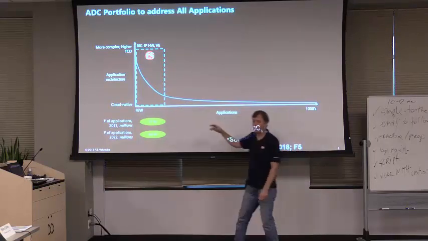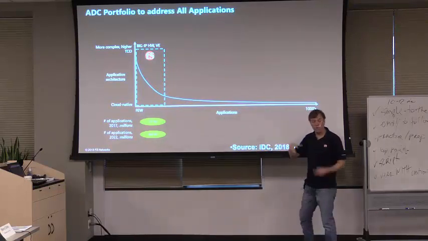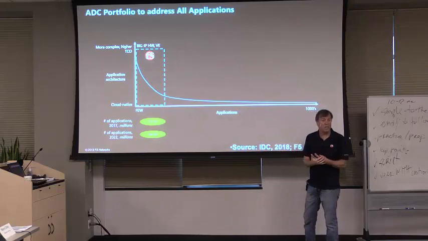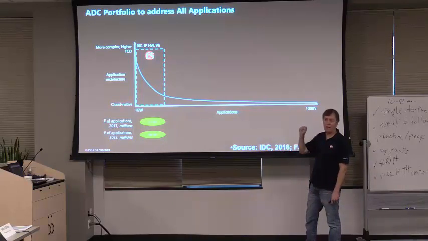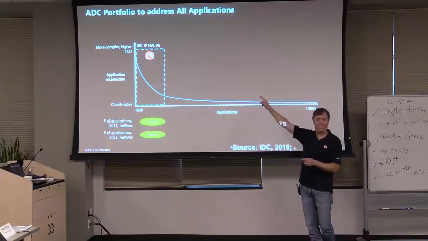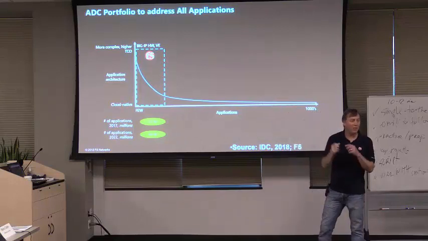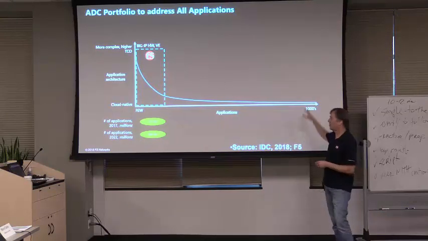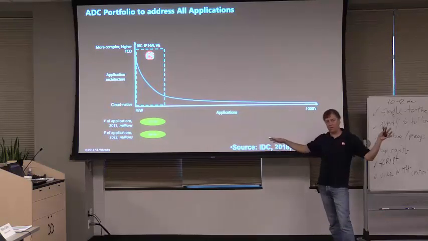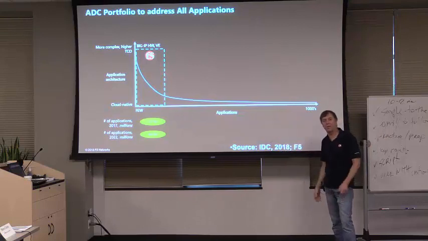Where we're missing out on applications is all these hundreds or thousands of other applications that customers have that don't need that very high performance, but also high cost. Historically, we haven't really done a lot with those applications.